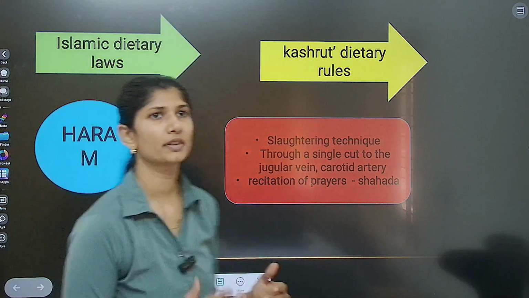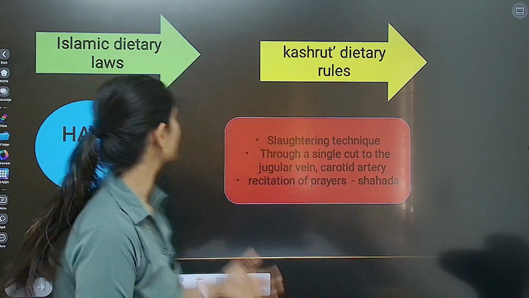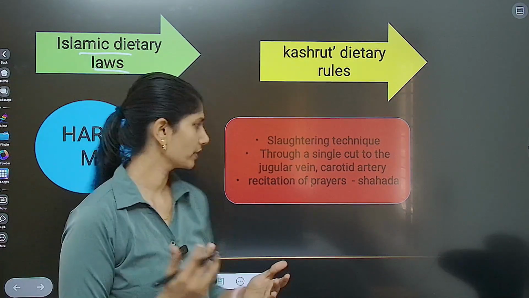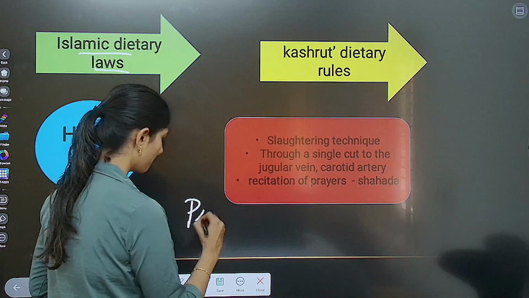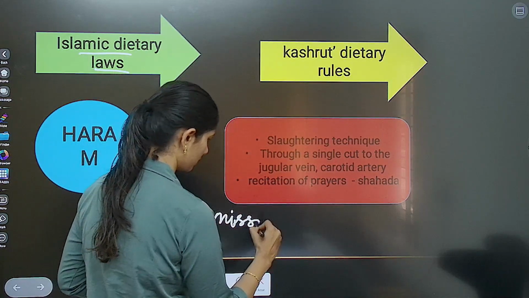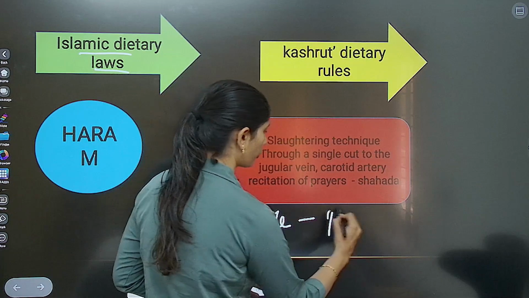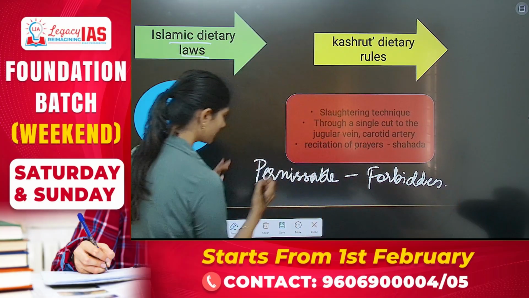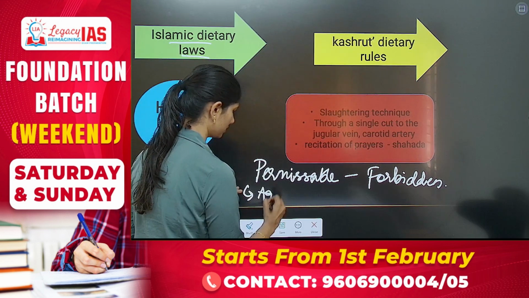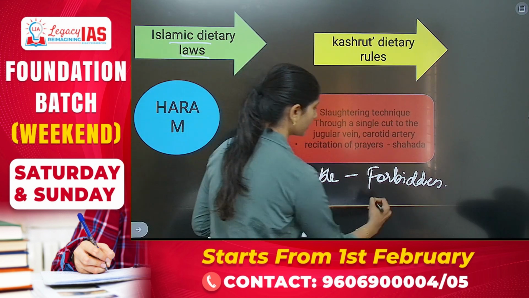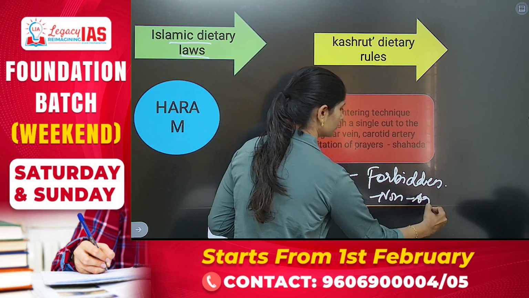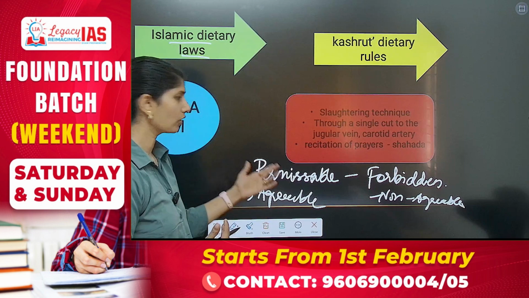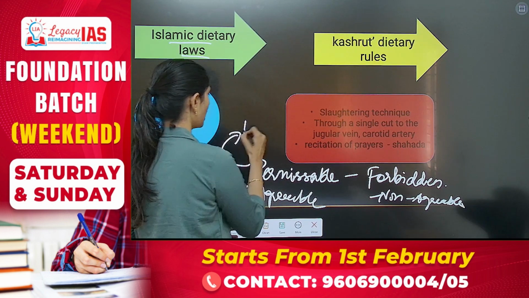First, in Islamic dietary laws, there are certain things which are considered permissible and forbidden. Certain things are agreeable, certain things are non-agreeable. So the terminology given for permissible or agreeable is halal.